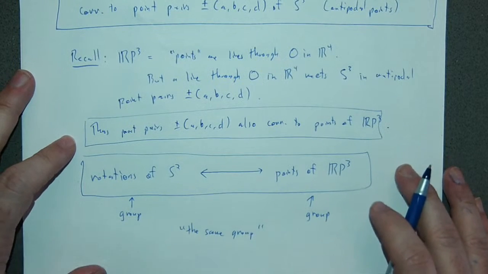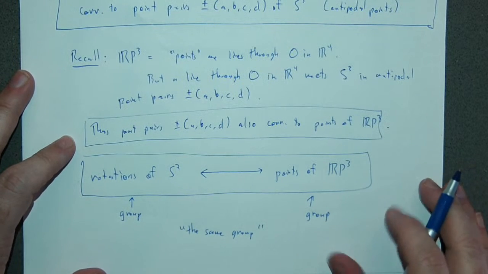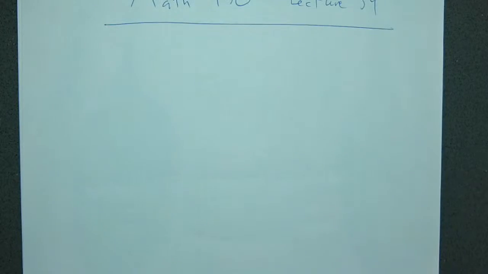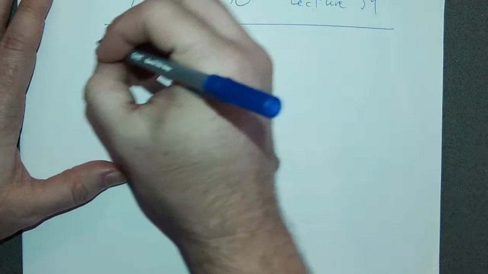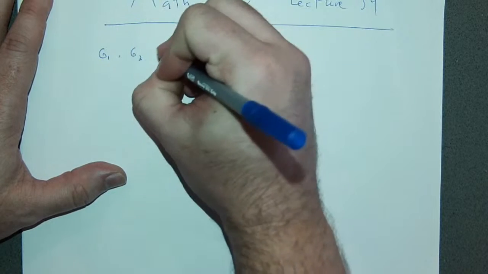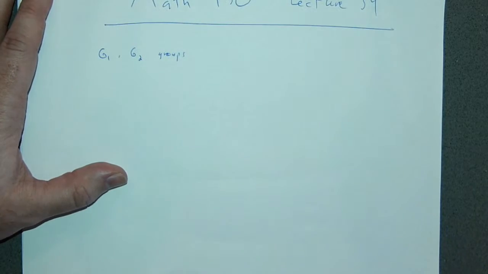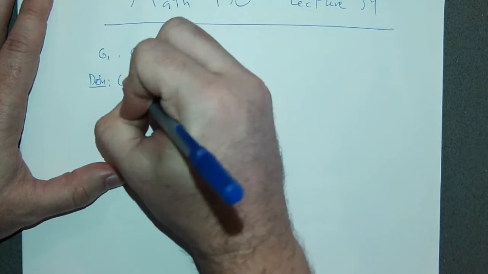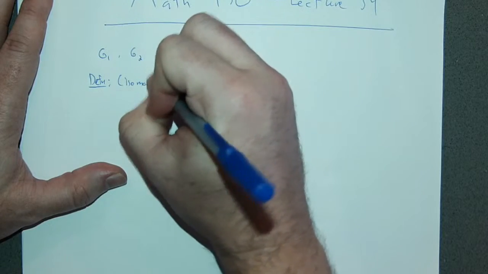So the idea of talking about these as the same group is the following. If I have a mathematical group G1 and another mathematical group G2, I want to define the concept of an isomorphism of groups.